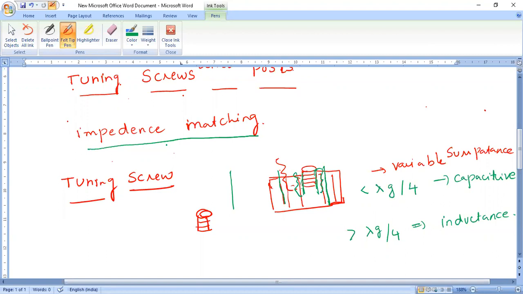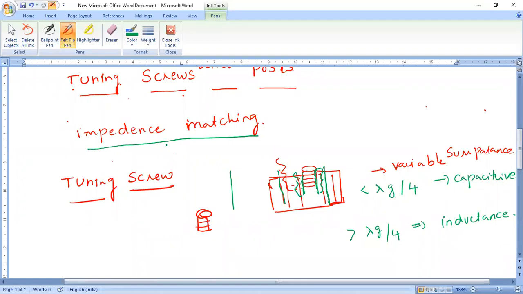That's coupling. You are doing coupling there using probes, using the coaxial probe technique, or using loops, to give the input to the waveguide. But what are tuning screws for?